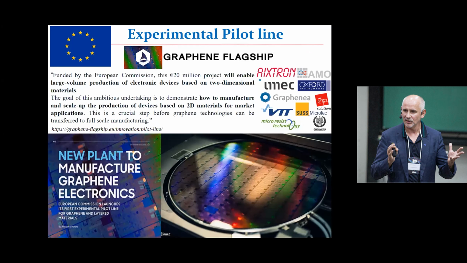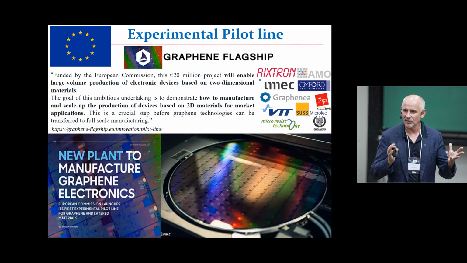A few months ago, the European Commission, together with the Graphene Flagship, launched the so-called experimental pilot line, which is really the ultimate step to upscale production of electronic devices and to develop all the processes for manufacturing and scaling up for a really targeted market application.